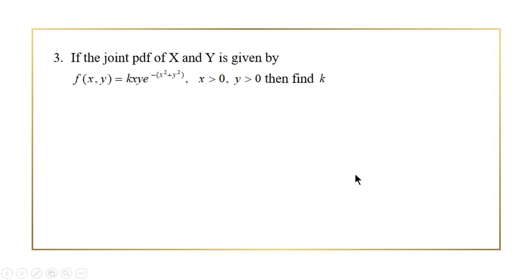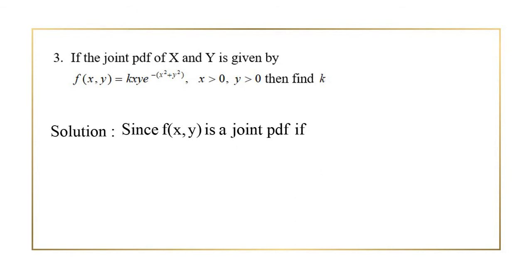Next question. If the joint PDF of x and y is given by f of xy is equal to k into x into y e raised to minus of x square plus y square, where x is positive and y is positive, find the value of k. Since we have a joint PDF, the overall integration must be 1.